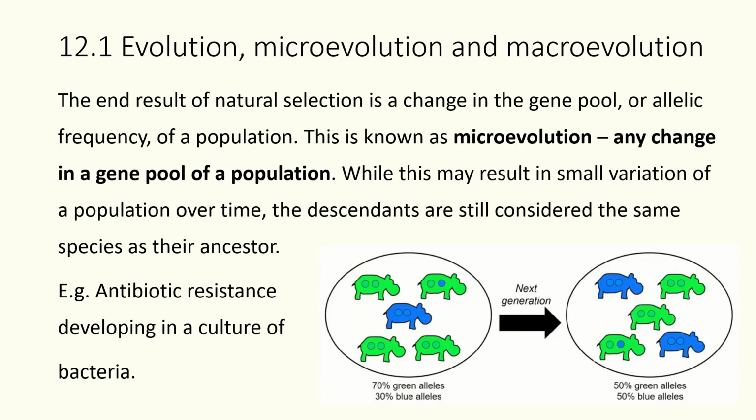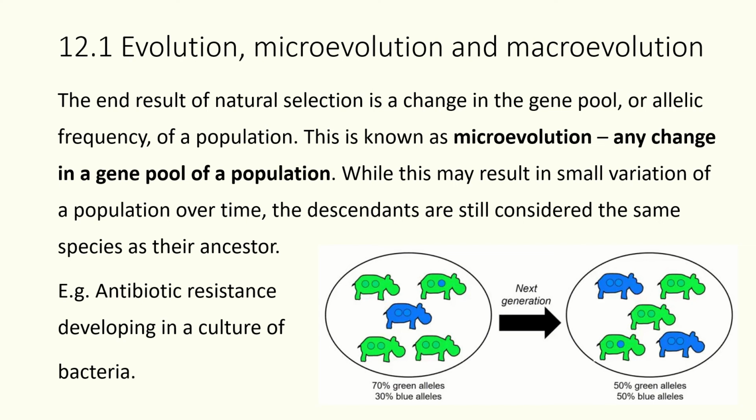So when we look at natural selection, which should not be new to you at all, the end result of that is a change in our gene pool. So what we end up with is a population that initially would have had a certain allelic frequency. The alleles of a particular gene within that population were of a certain composition. Using the example at the bottom there, let's say we had 70% green alleles and 30% blue alleles.